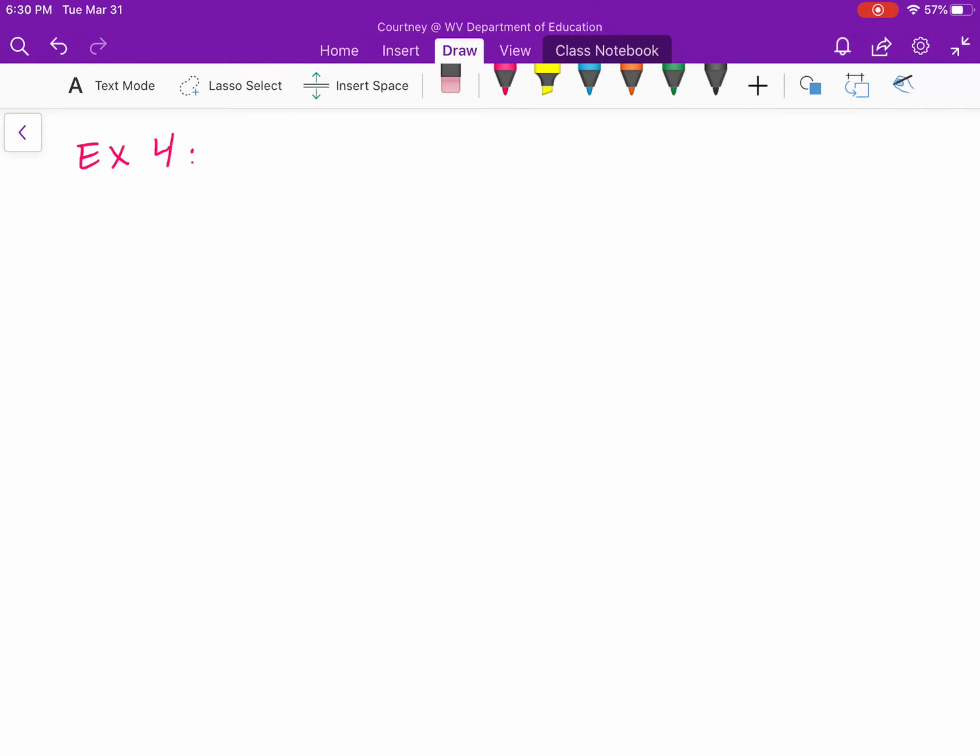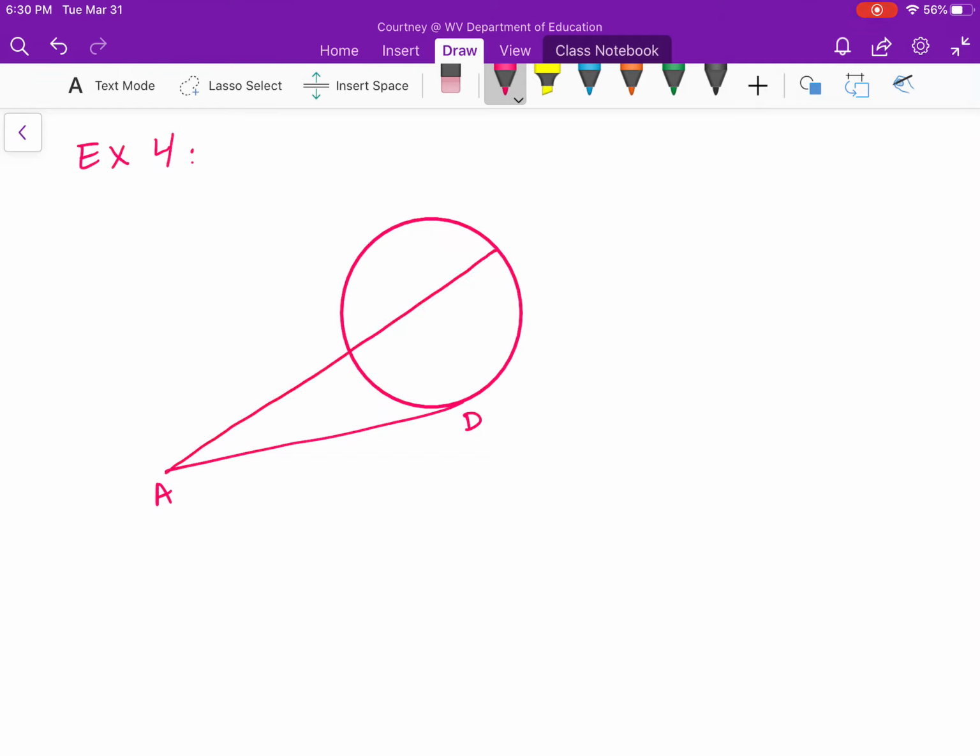Example 4. Here we have our circle. We have our tangent line. A is here, D is here. We have our secant line. We have B and C.